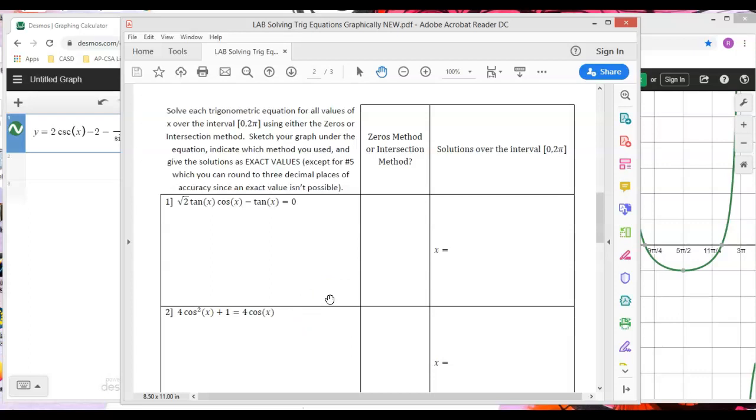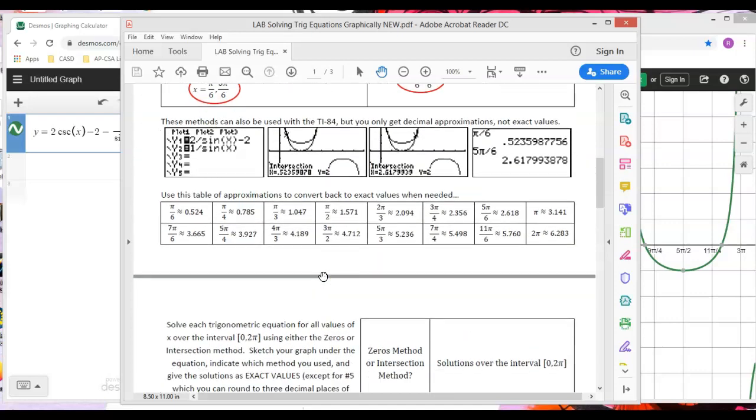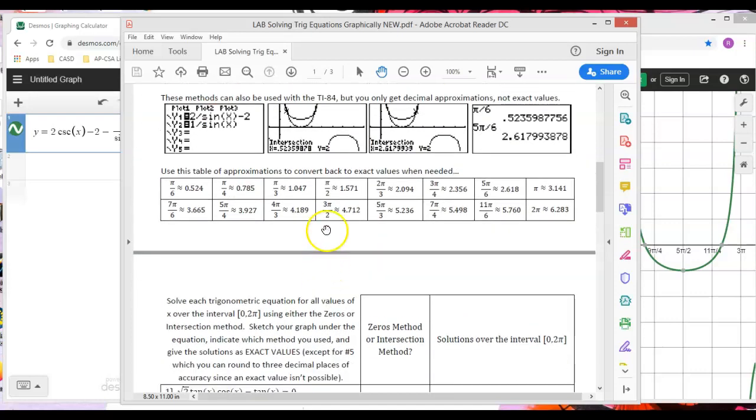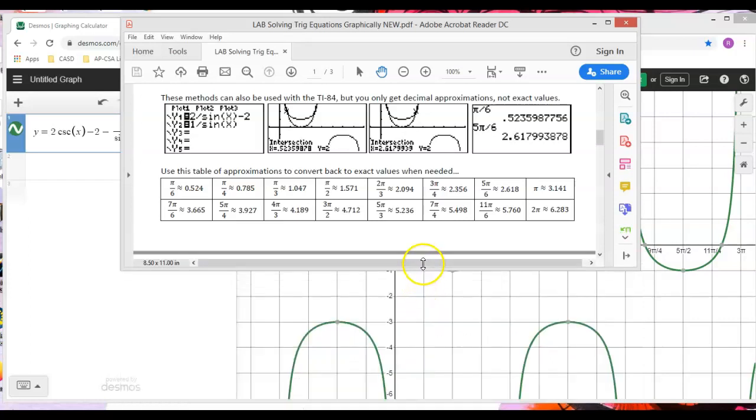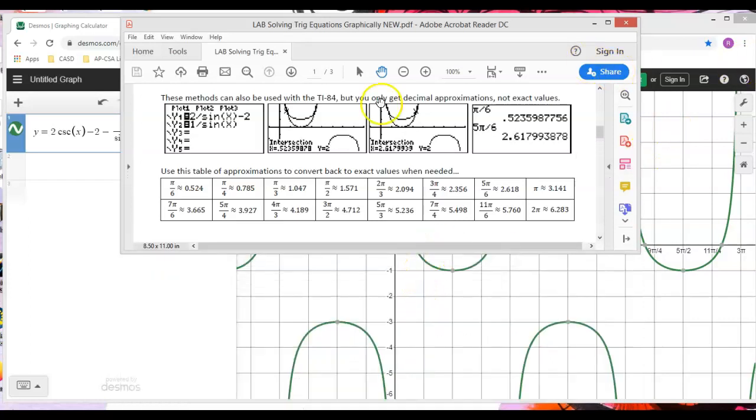Now, if you don't have access to Desmos, or you prefer using a graphing calculator, at the bottom of the first page, right here in this section, you can see the same process will work when you're using a graphing calculator, only there are no buttons on the graphing calculator for the reciprocals, the cotangent, the cosecant, or the secant function.